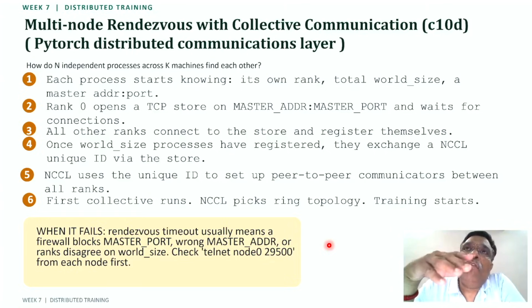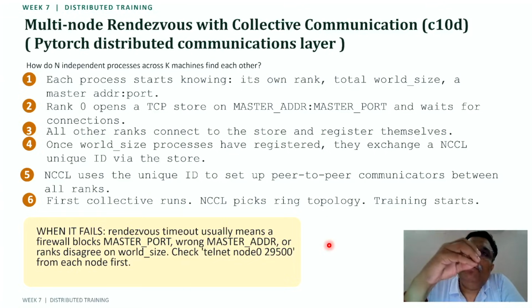Till now we were working on a single GPU. Then we saw how we can run our programs on single-node multi-GPU systems. Here we are talking about multi-node systems, right?